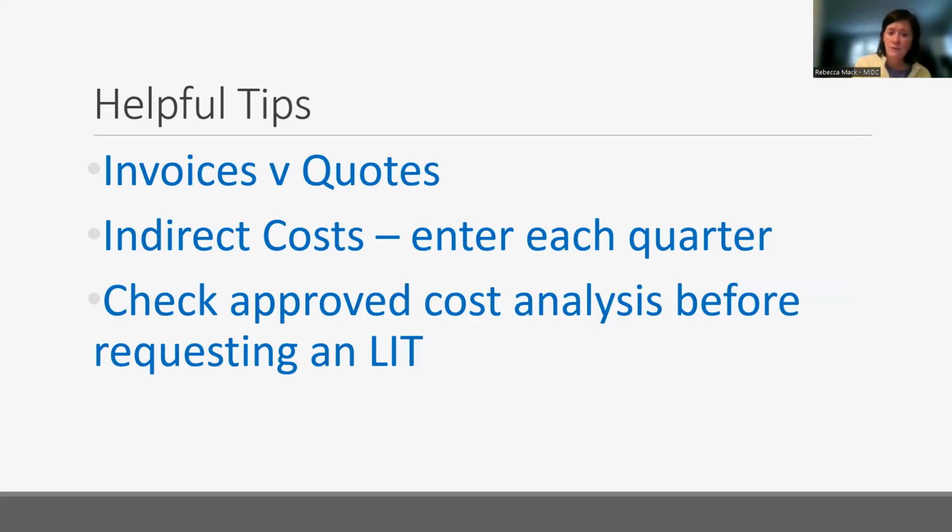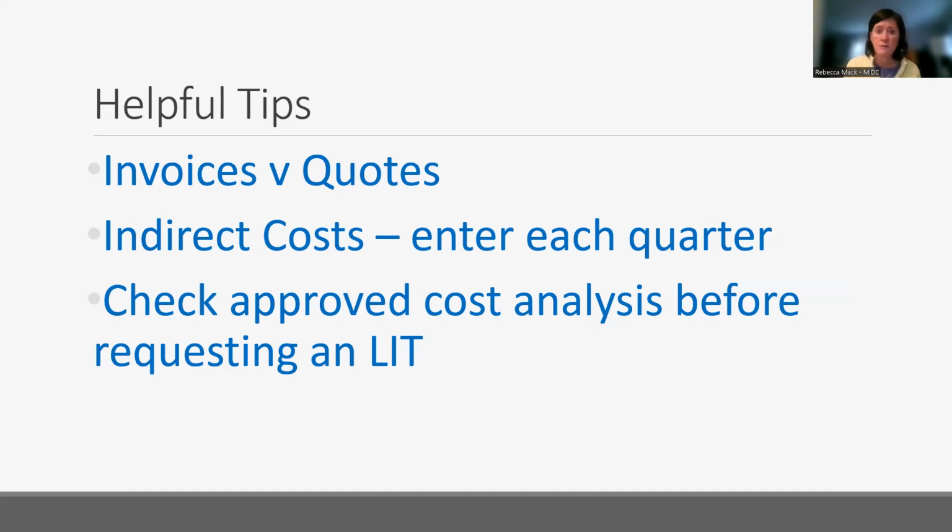Just a few helpful tips related to submitting documentation and reasons why maybe we send some things back for corrections, and also some helpful things to think about when you look at your cost analysis. Marla had mentioned earlier, it's probably worth it to review your cost analysis to make sure you understand at the detail level that something's reported in supplies and not in equipment.